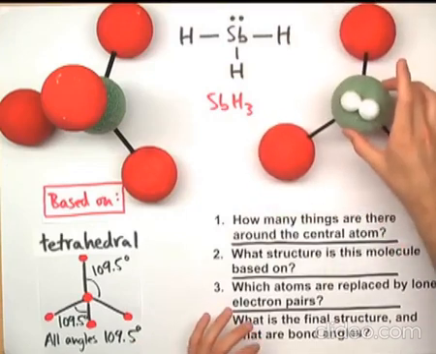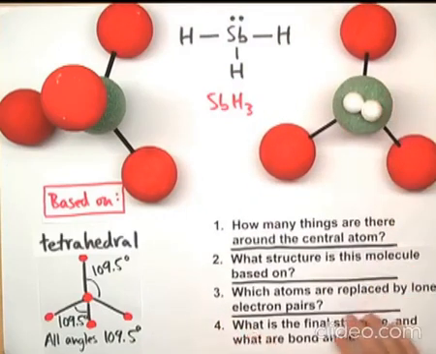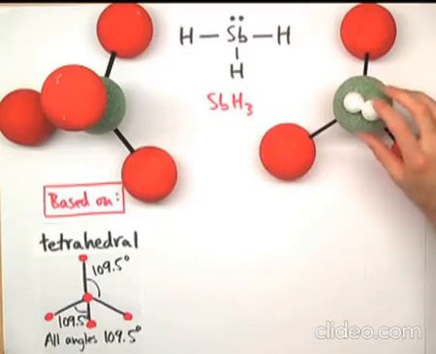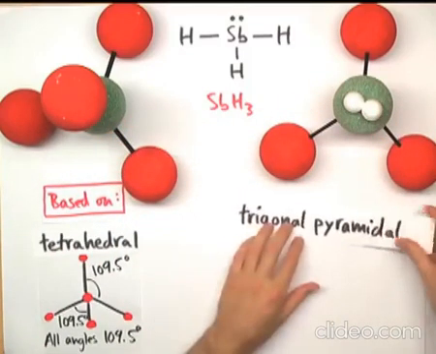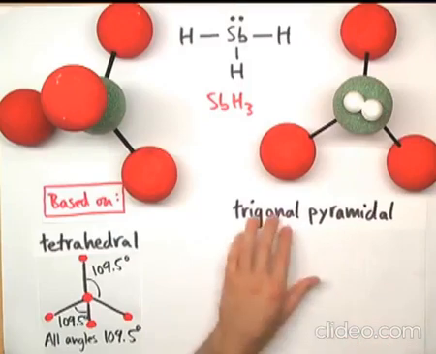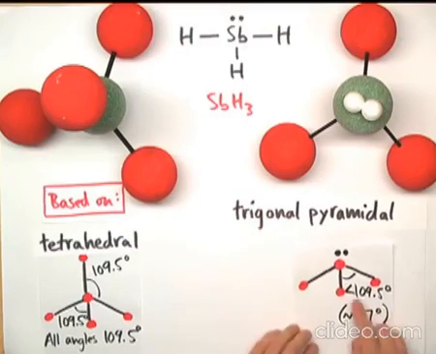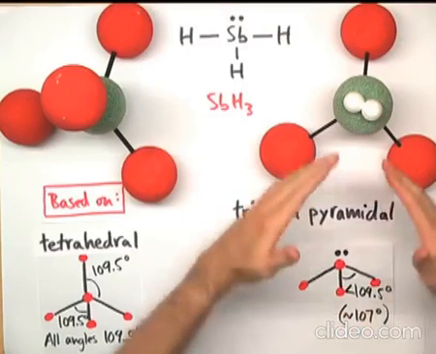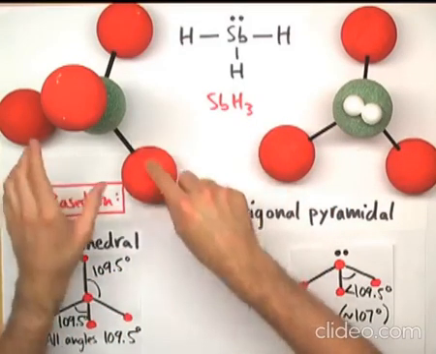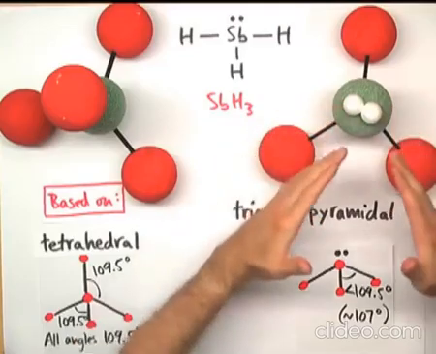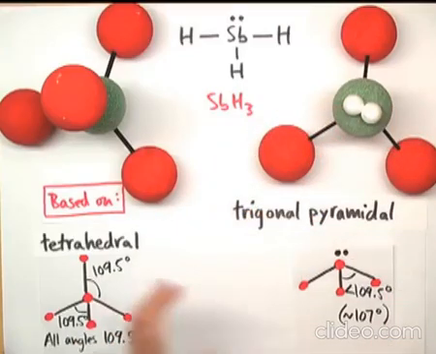So that means its shape is going to be like this, because this lone electron pair replaces this atom. This is the trigonal pyramidal shape, and it's going to have an angle of 107 between these bonds, a little bit smaller than the 109.5 of the tetrahedral, because this lone electron pair pushes these atoms a little bit harder than an atom would.